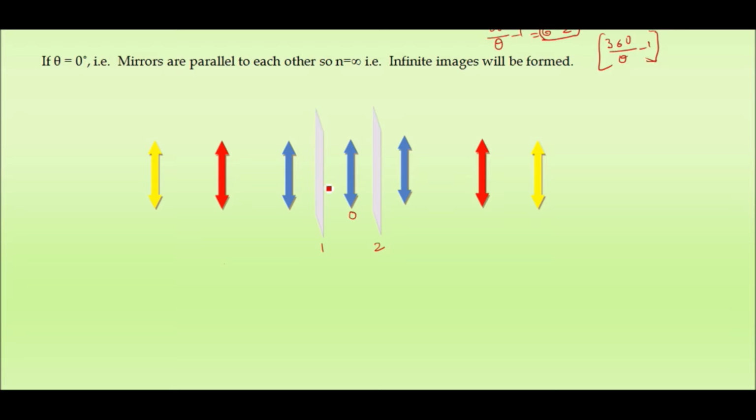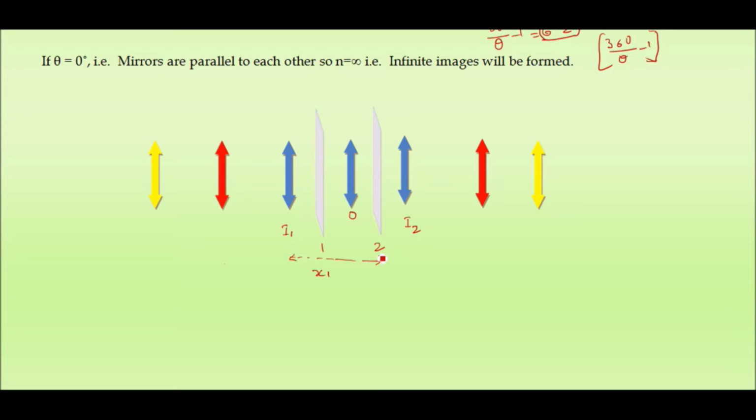Now you see that for mirror 1 this image is I1, we call it I1, and for mirror 2 this image we call I2. Afterwards this I1 image serves as an object for mirror 2 having a distance equal to x1.